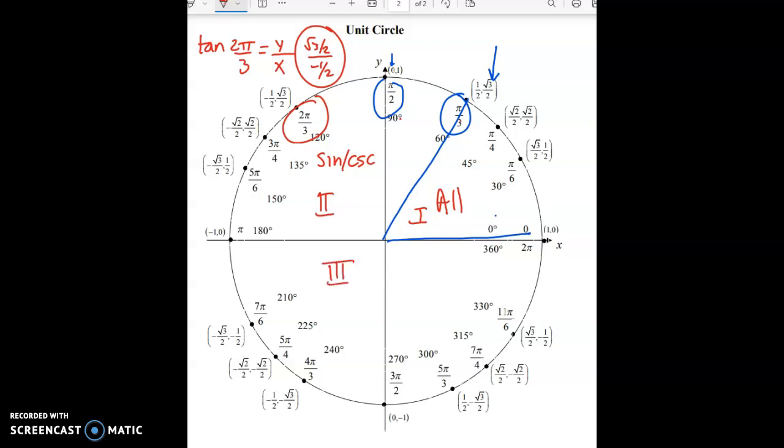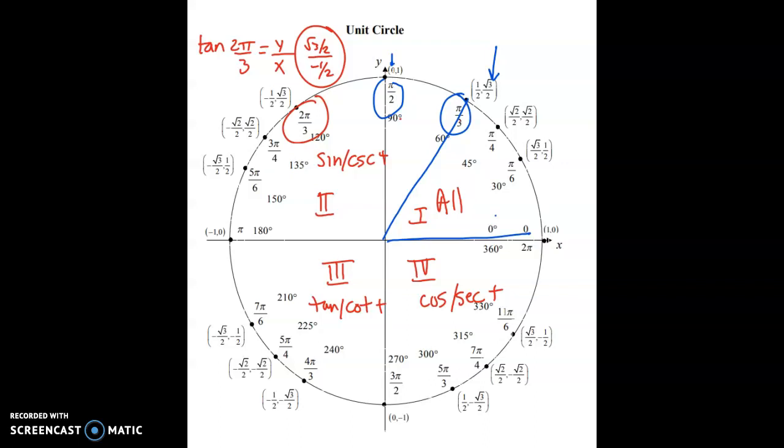In quadrant 3, tangent and cotangent are positive. The other 4 are going to be negative. And in quadrant 4, you've got cosine and its reciprocal positive, and the other 4 negative. So when you calculate this, you also want to check and make sure that those signs calculated correctly. But using the unit circle, you're going to find is one of the easier ways to calculate the trig functions.